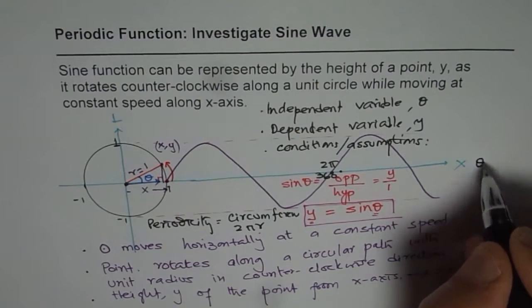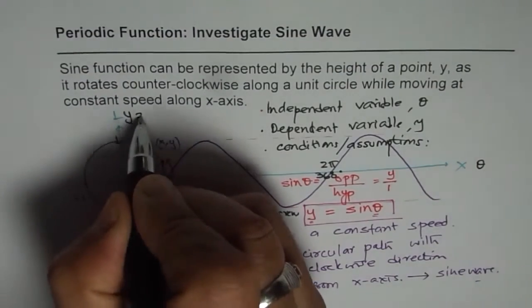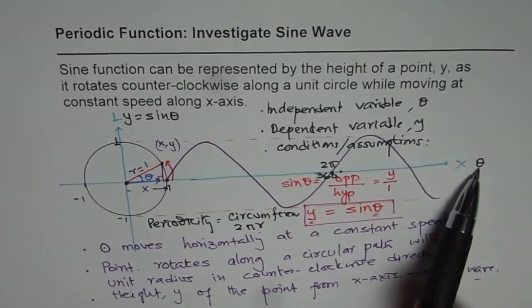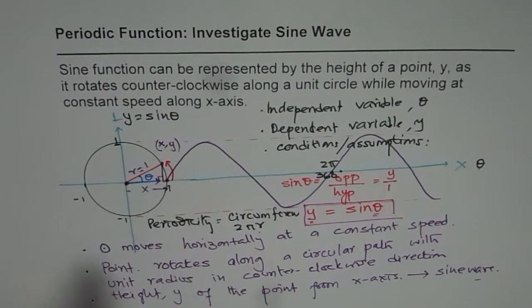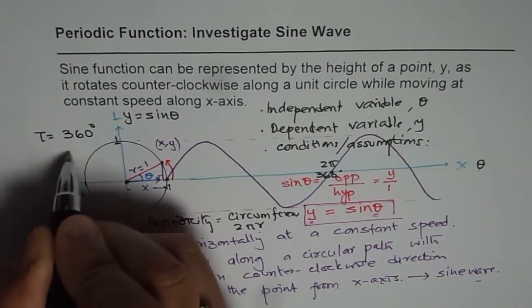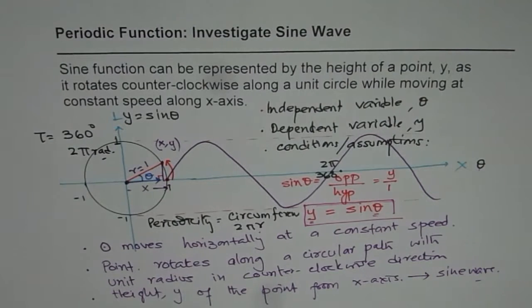Then theta is our independent variable, correct? y equals sine theta is dependent on theta, and here the time period for us is 360 degrees or 2 pi radians. Do you get the point? So that sums it all up, right?